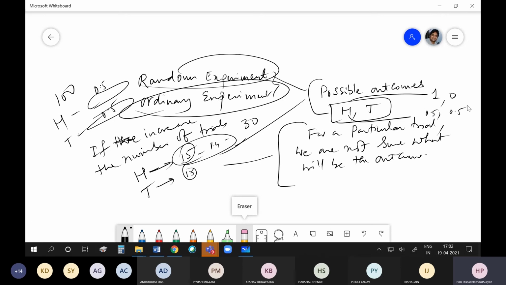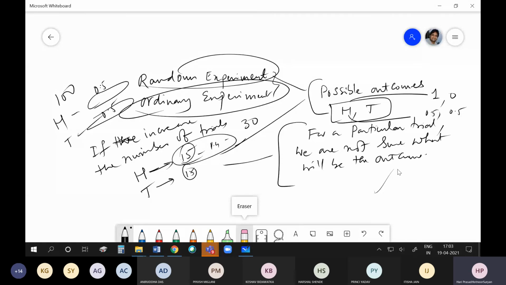So this is basically the characteristic of a random experiment. We know the possible outcomes, but for a particular trial we do not know the outcome. As we increase the number of trials, it follows some statistical or probability distribution, depending upon what type of outcomes we have.